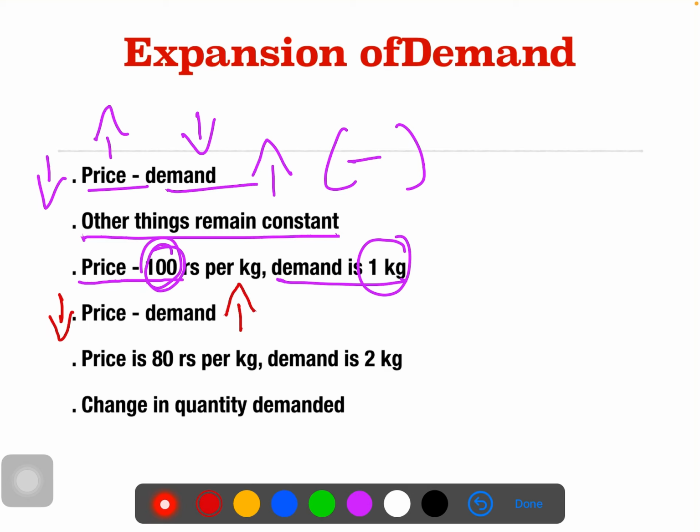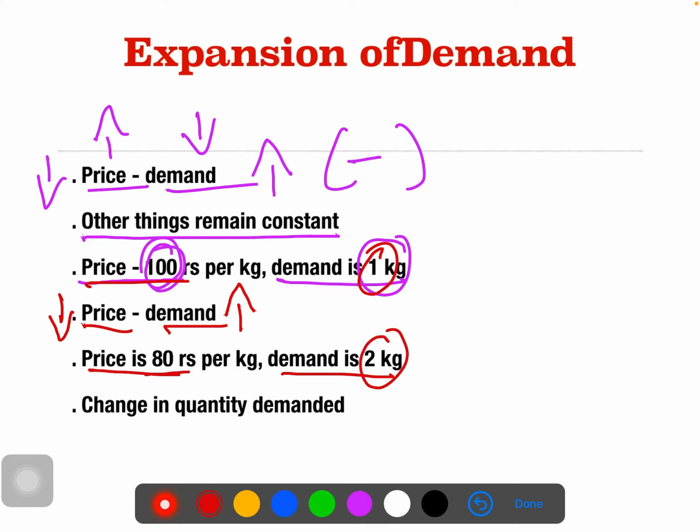Just see one example. The price was 100, now the price got decreased to 80 rupees per kg, and whenever price decreases, demand is going to increase. So you can see, instead of 1 kg, just because 20 rupees got reduced from 100, we are now demanding 2 kg of apple.